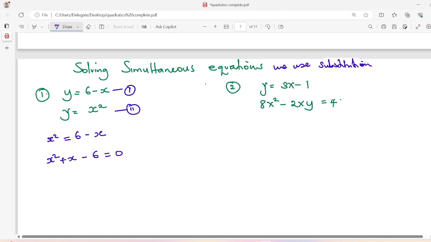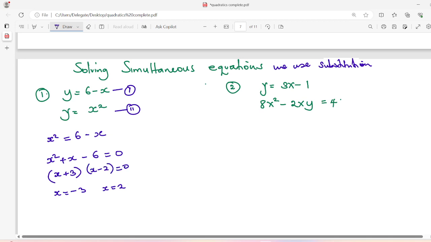So my a is 1, b is 1 and c is negative 6. So when you solve it, you get your first answer as negative 3 and another one is actually 2, x is 2. So you work backward to show the method you use to solve.